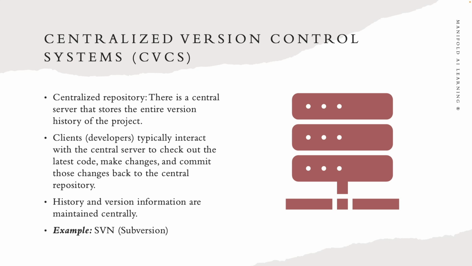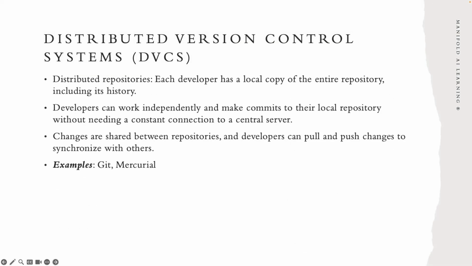Now, apart from this centralized version control system, we also have another type of version control system that's called the distributed version control system. This is a special type of version control system.